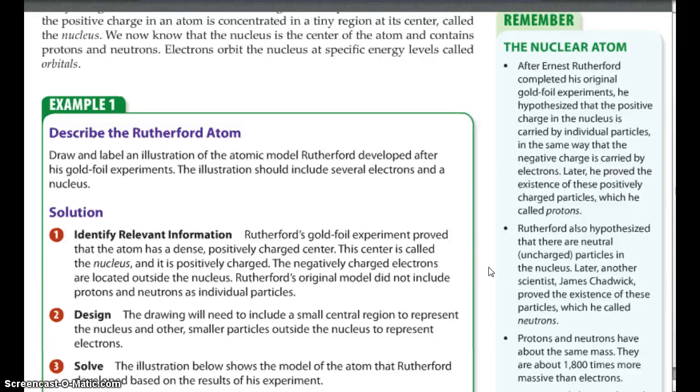Rutherford also hypothesized that there are neutral, uncharged particles in the nucleus. Later, another scientist, James Chadwick, proved the existence of these particles, which he called neutrons. Protons and neutrons have about the same mass. They are approximately 1,800 times more massive than an electron, which is why we ignore the mass of an electron when we find the mass of an atom.